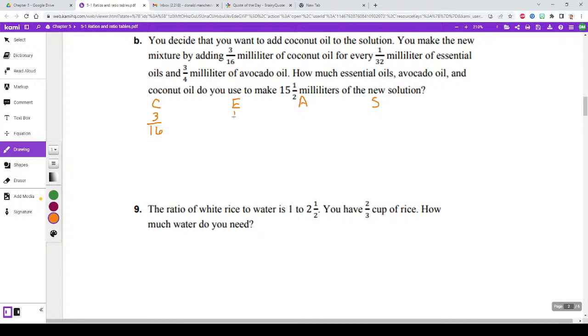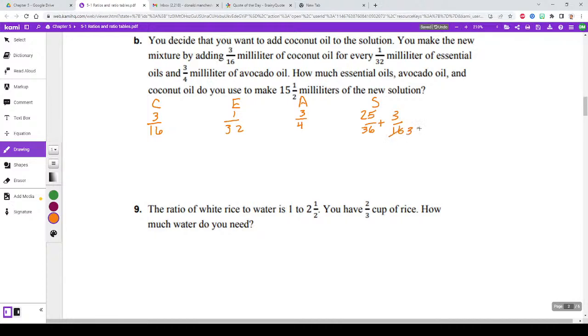So we're going to go 3/16, 1/32, and 3/4. Now, to use the math that we've already done, we know that 1/32 and 3/4, that's 25/32. To that, we're going to add 3/16.